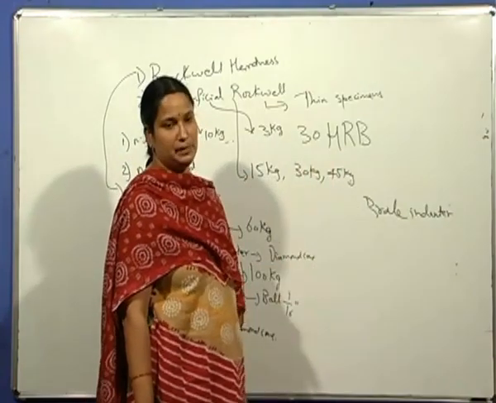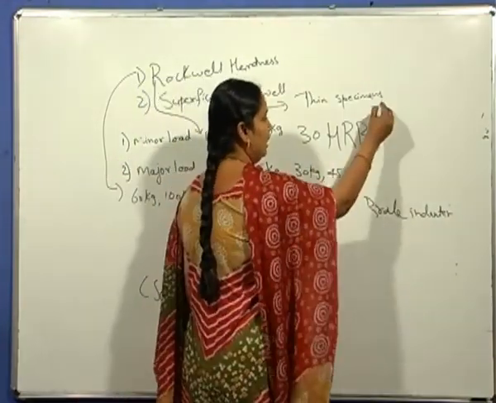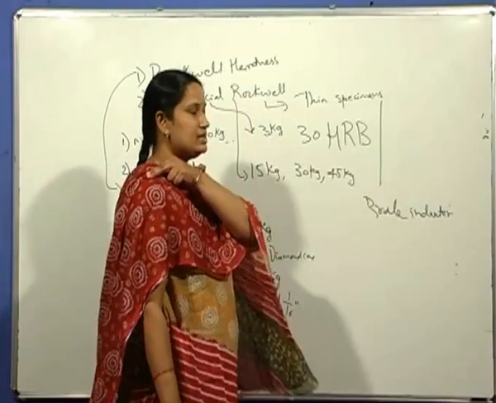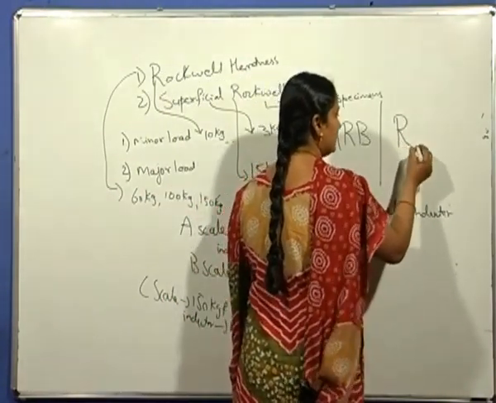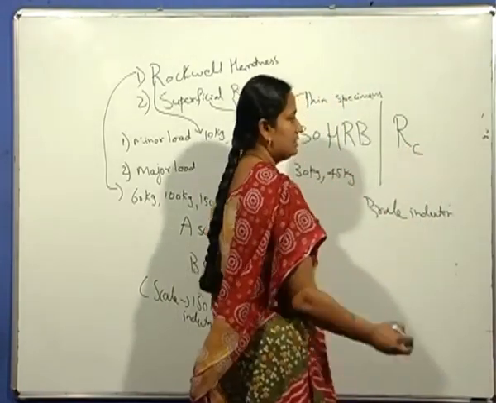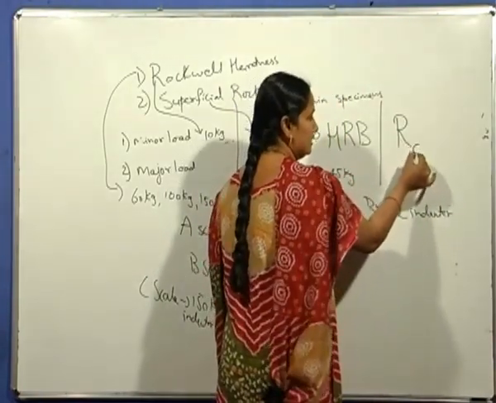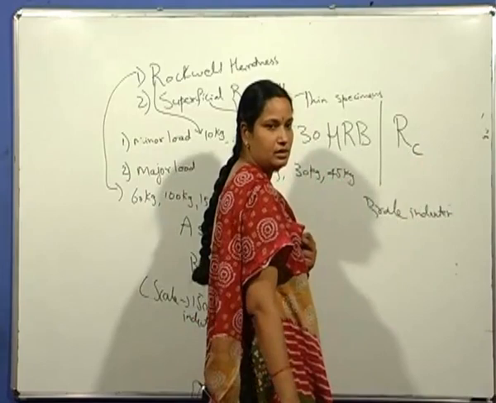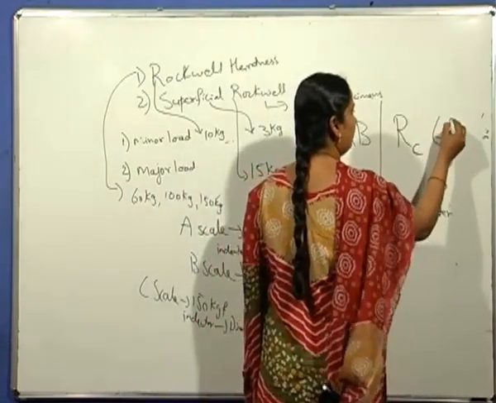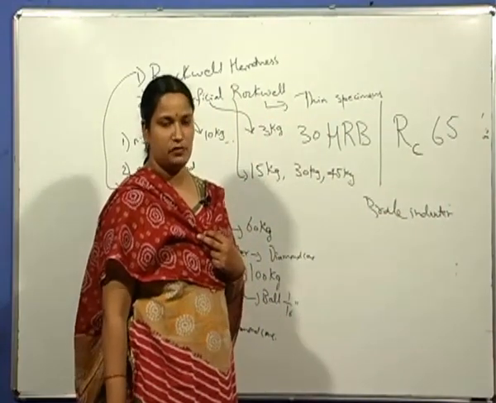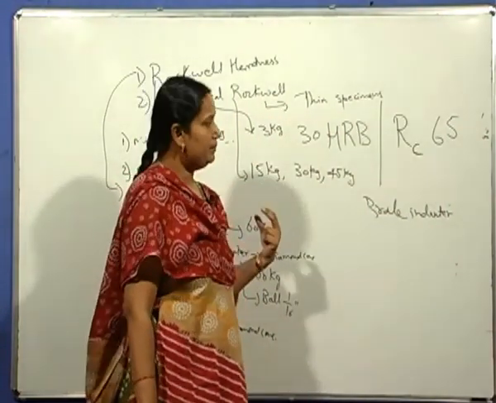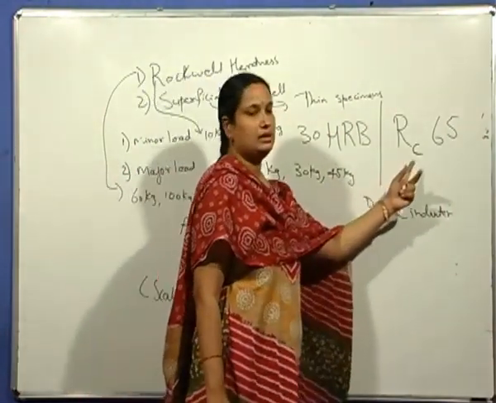The scale has to be mentioned, or else another way of representing the hardness is a capital R with a subscript C, which indicates Rockwell hardness for the C scale. RC 65 indicates a Rockwell hardness of 65 obtained when measured using the C scale.